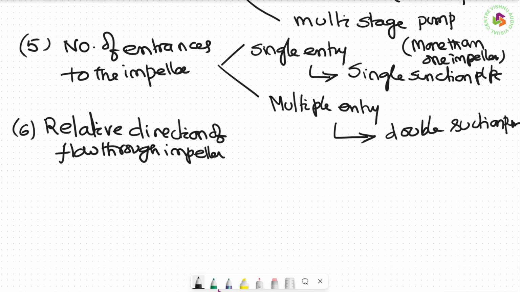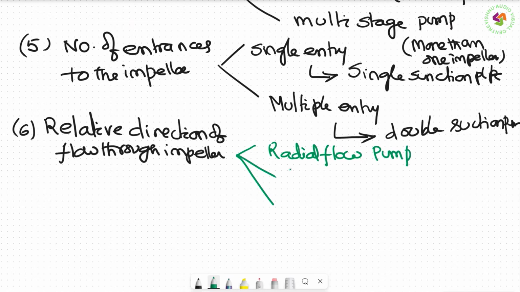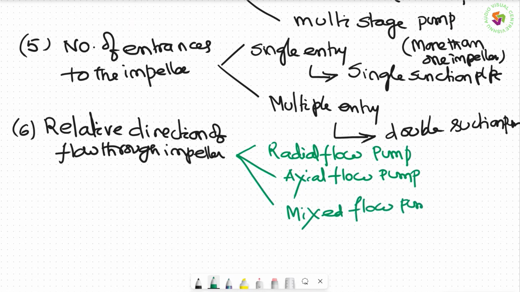This can be classified as radial flow pump, axial flow pump, and mixed flow pump. So these are the three.